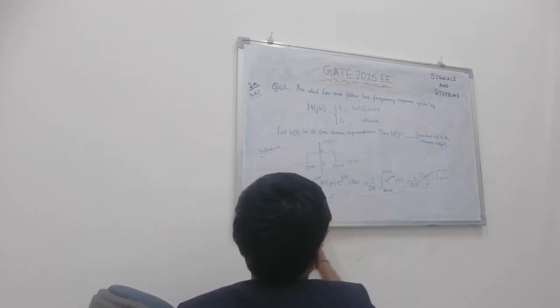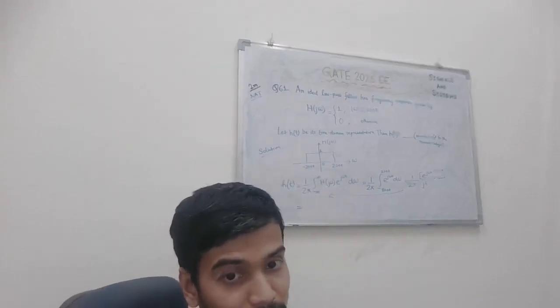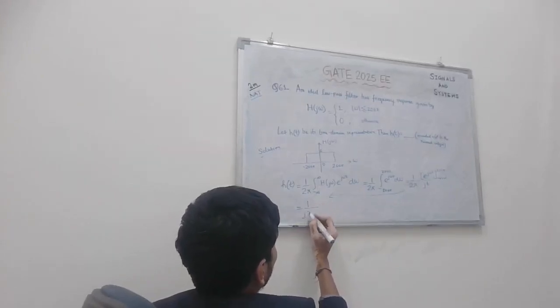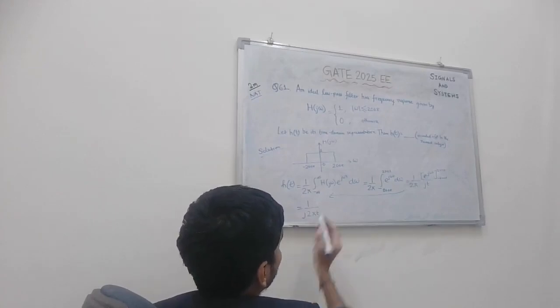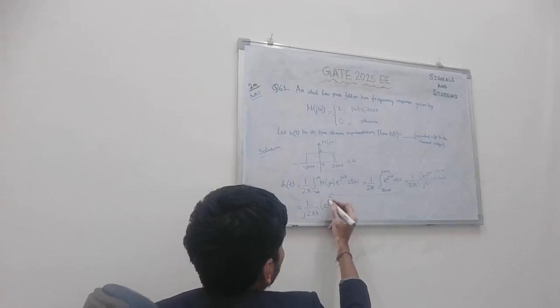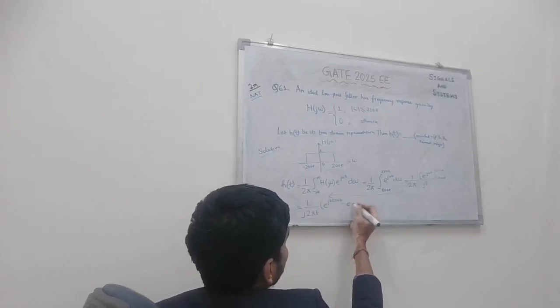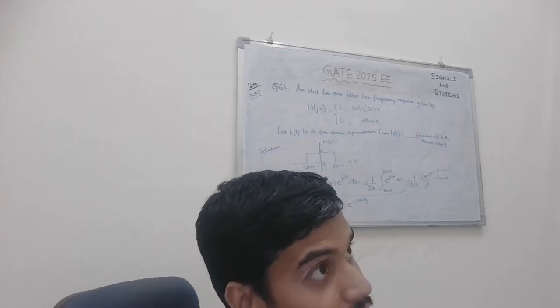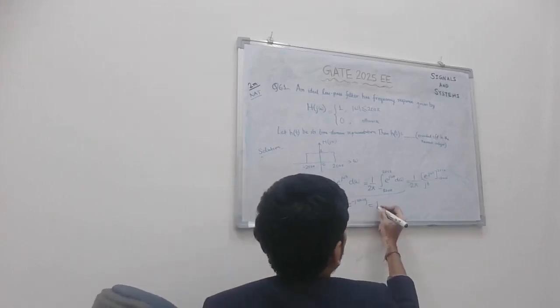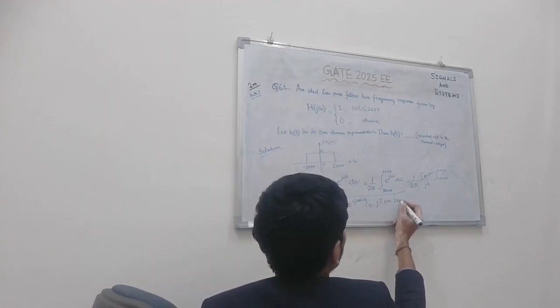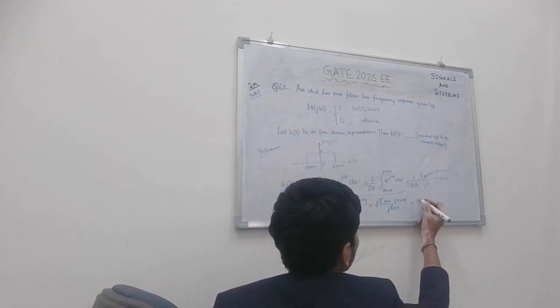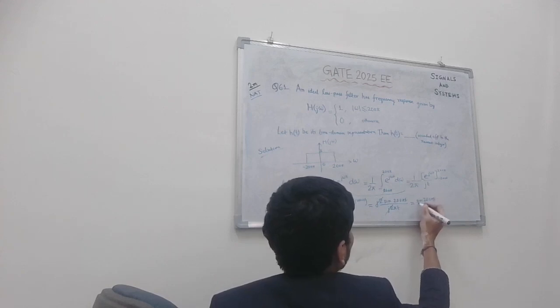To simplify this, we get 1 by j2πt into e to the power j200πt minus e to the power minus j200πt. e to the power jθ minus e to the power minus jθ is j2 sin θ. So it will be j2 sin(200πt) by j2πt. The j2 cancels and we are left with sin(200πt) by πt.